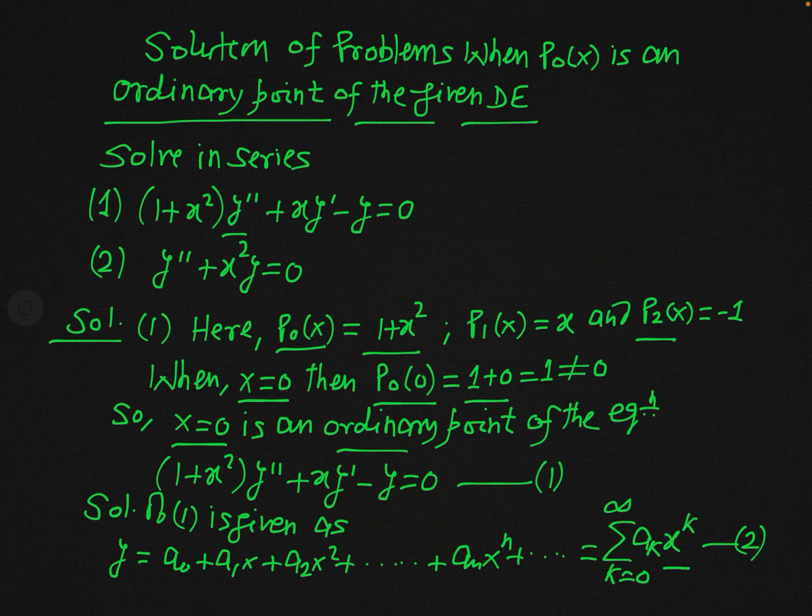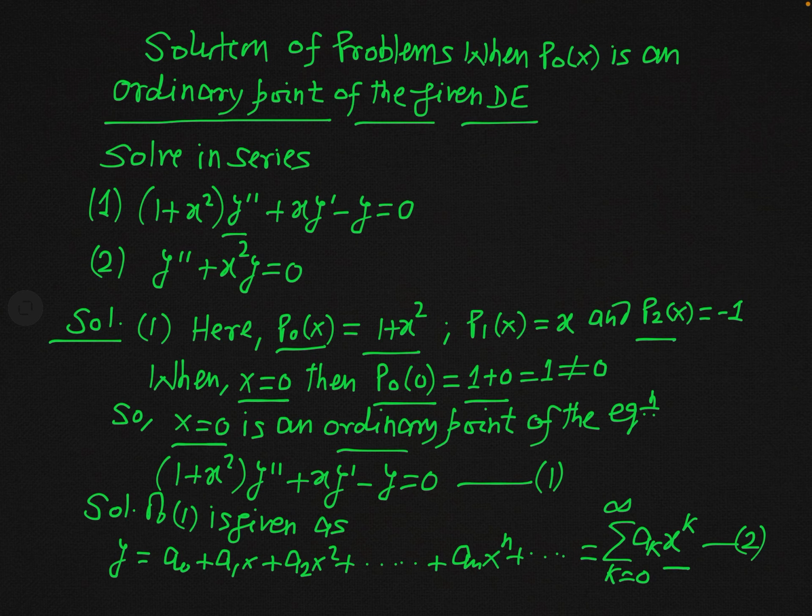So this is its series solution, but we do not know the values of a naught, a1, a2, a3 and so on. So our aim is to evaluate the coefficients a2, a3, a4 and so on in terms of a naught and a1, because this is a second order differential equation, so definitely in its solution there must be two arbitrary constants.